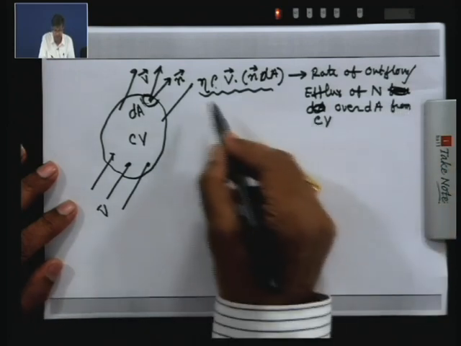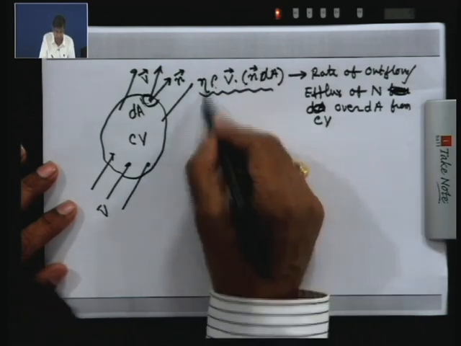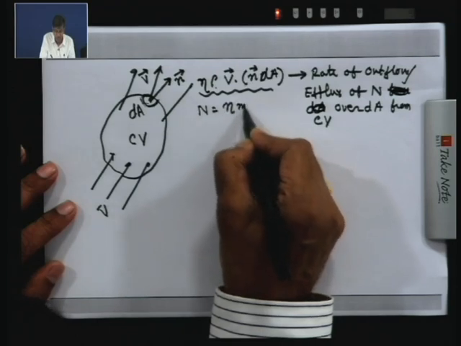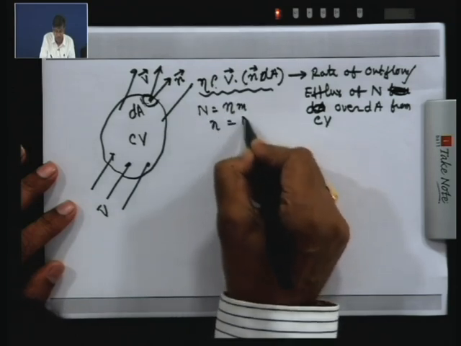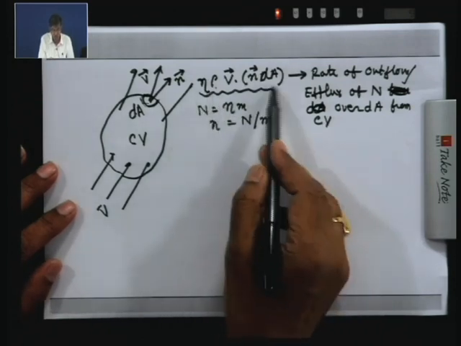That means this is the rate of outflow or rate of efflux of the property n, because eta is n by m. So, eta into this represents this.